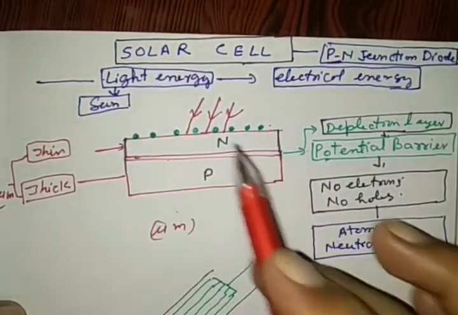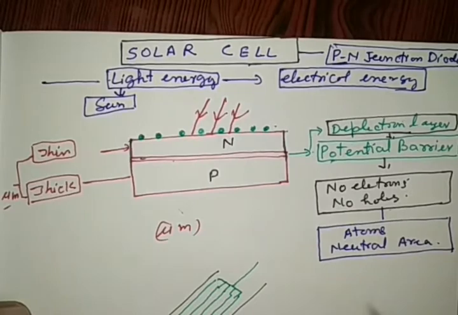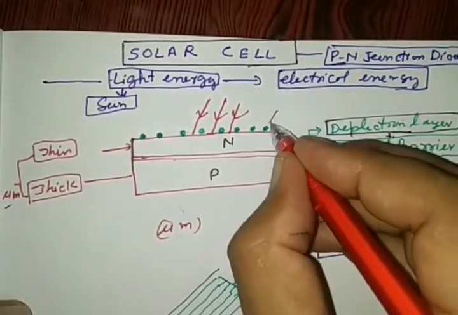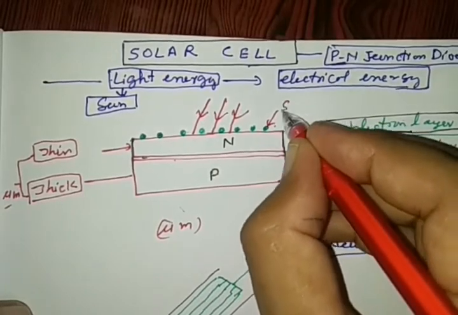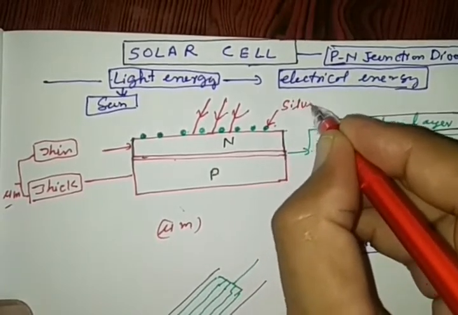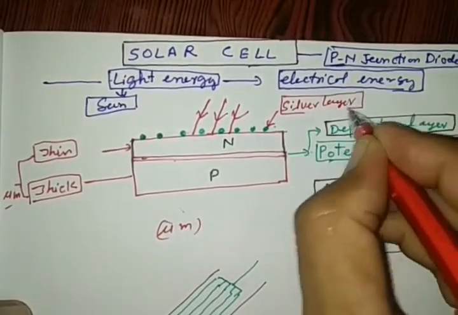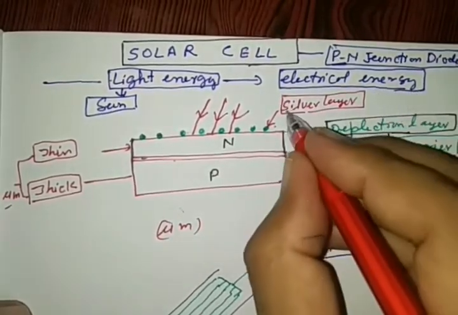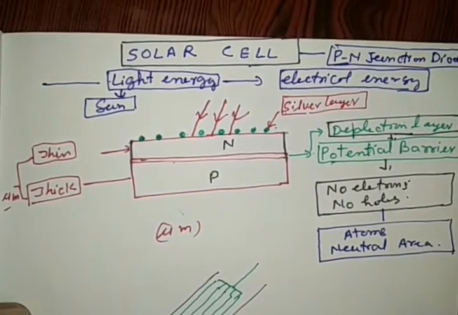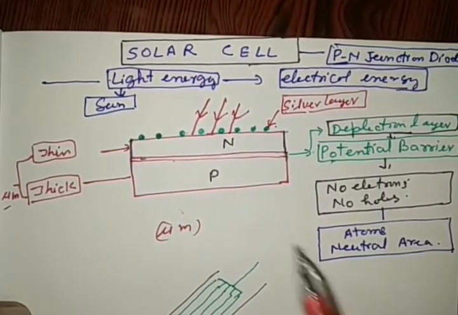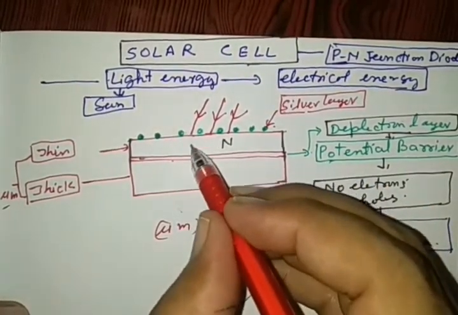See all the scenario, what mechanism takes place. Here above this green color, these are silver layers. Why are silver layers used? Because it is a good conductor of electricity. More charge carriers are available in it. See why we are keeping this layer very thin?